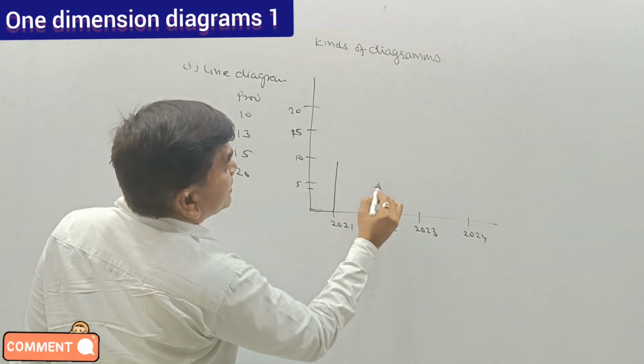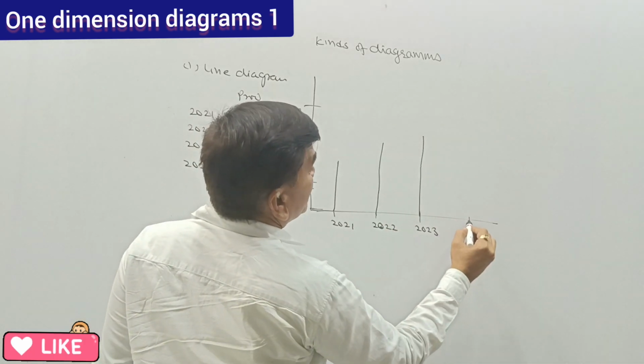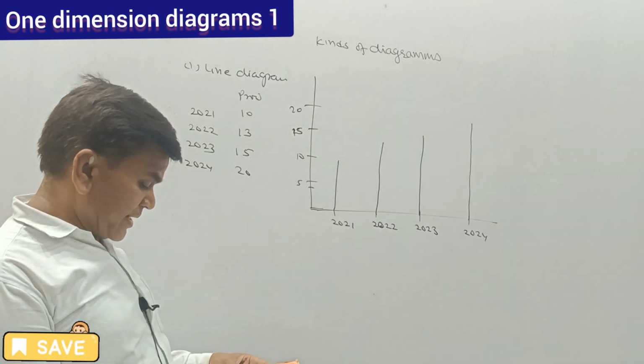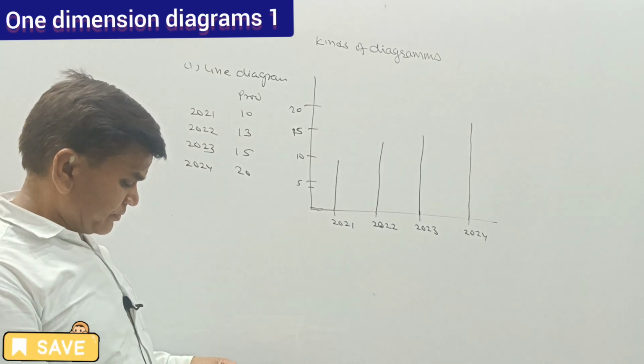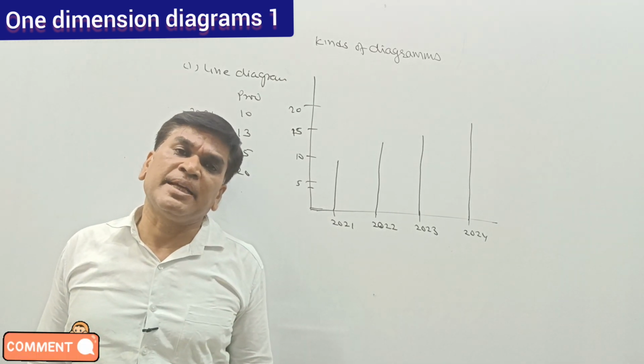Then 13, so this line will go to 13. Then 15 this, and then 20 this. So the first diagram we call the line diagram. Very easily you can draw the line diagram.